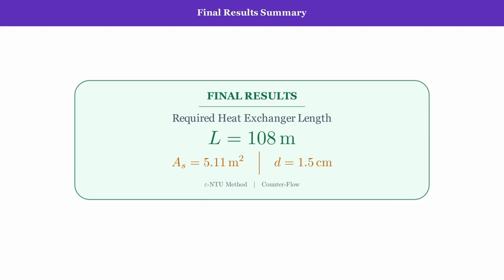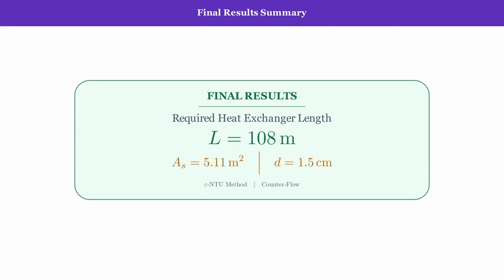But the minimum capacity rate of only 5 kilowatts per Kelvin means the system requires relatively few transfer units to achieve a 43% effectiveness. The length is large, not because the heat transfer is inefficient, but because the tube diameter is small. 5.11 square meters of area distributed over a 15-millimeter tube simply demands a long run of pipe.